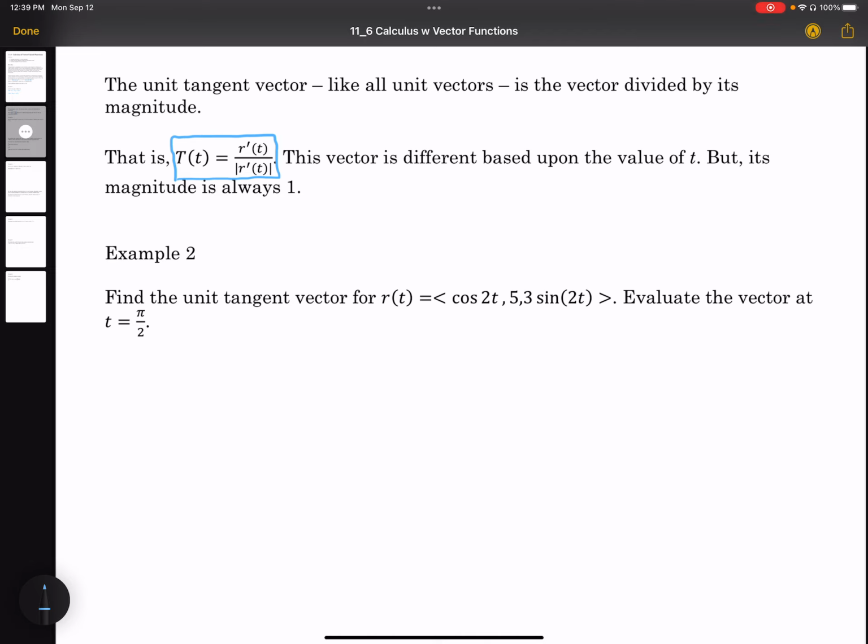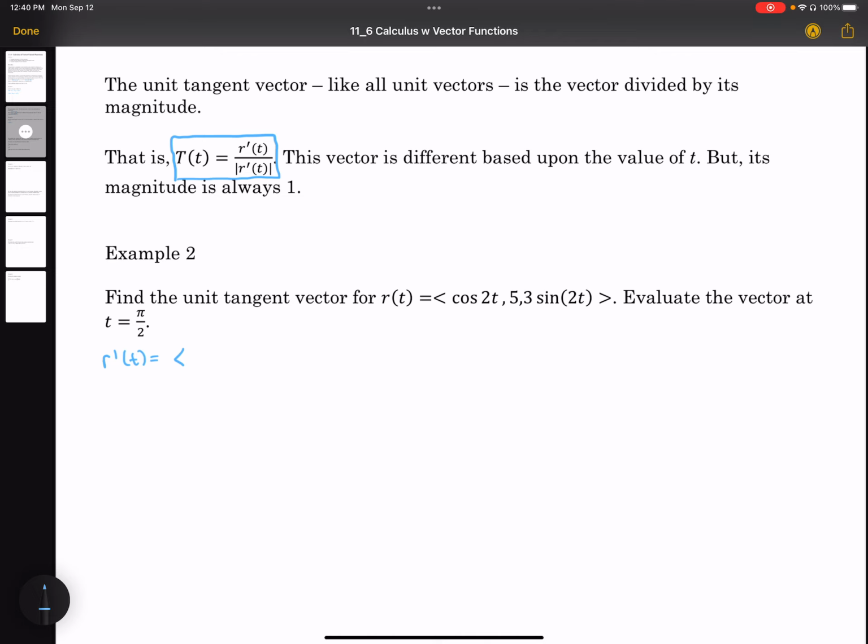So for our second example, we want to find the unit tangent vector, and we also want to evaluate this vector at t equals pi over 2. Those are separate things. So first, we need our derivative. So r prime of t, all right, now we have to do the chain rule. Remember chain rule, derivative of the outside function times the inside. Our outside function is cosine.